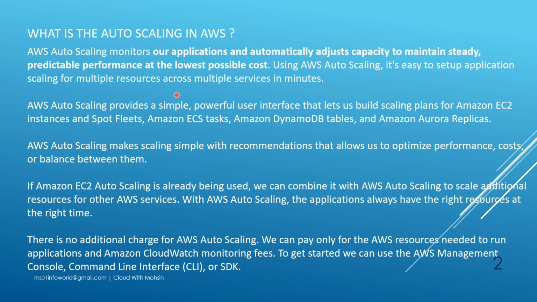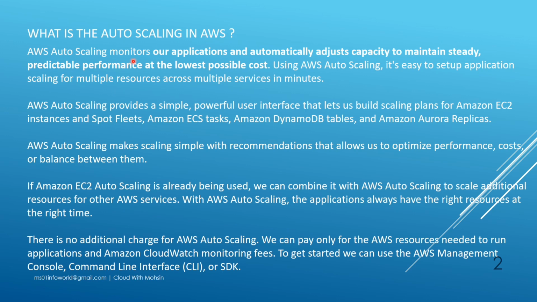If we specify, say for example, that our first EC2 instance is running its CPU at more than 60%, then it will immediately launch another similar EC2 instance, that is called horizontal scaling. So instead of running 3 EC2 instances which are not utilized properly, we can make better utilization of the capacity. That is the main functionality or main use of auto scaling.